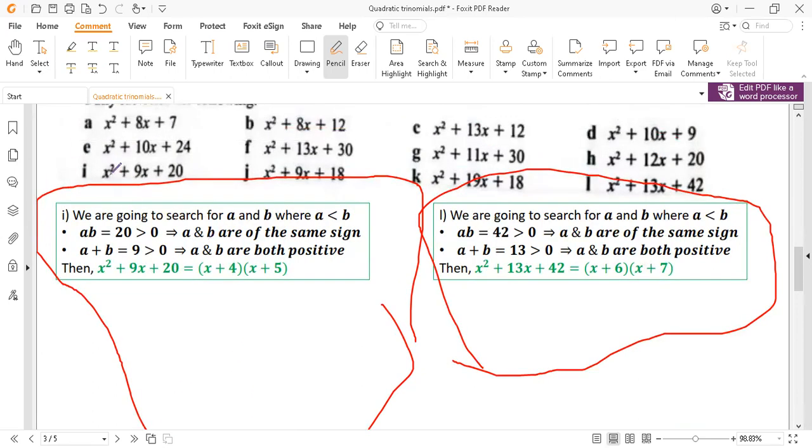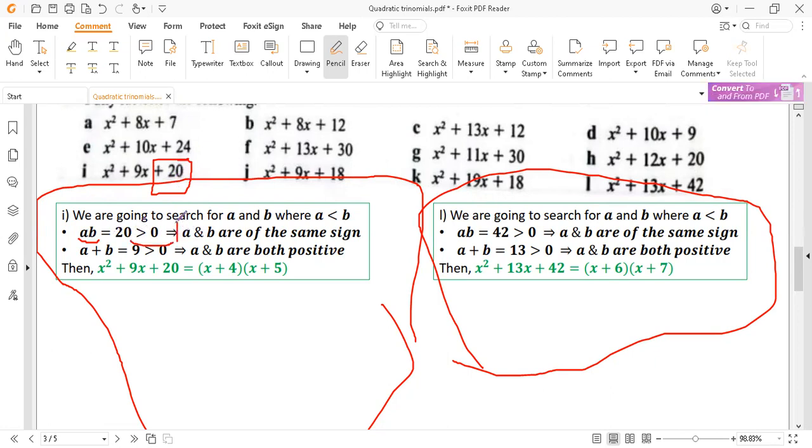For example, we have x squared plus 9x plus 20. If you want my advice, I recommend you start with the constant, because the constant term is the product, and the sign of the product here is plus 20, positive.